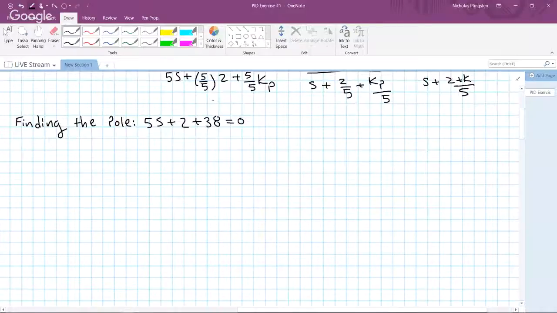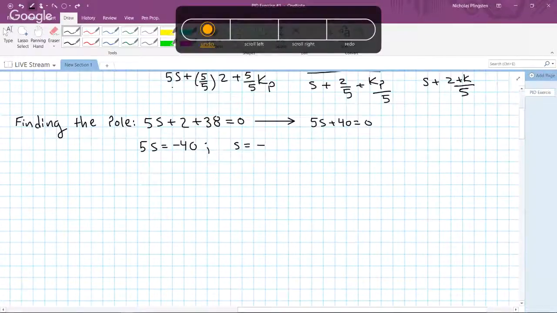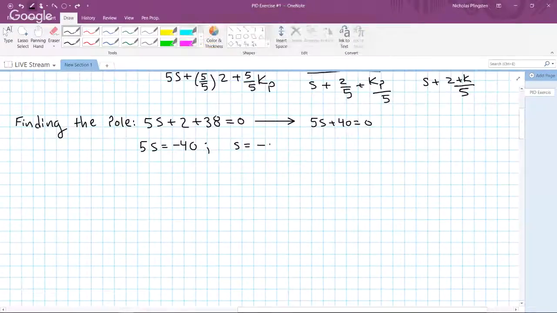Notice I plugged in what we found for Kp. So that's going to be 5s plus 40 equals 0. Cool. Then 5s equals negative 40, and your pole is s equals negative 8. You see how I did that? Negative 40 over 5 yields negative 8.